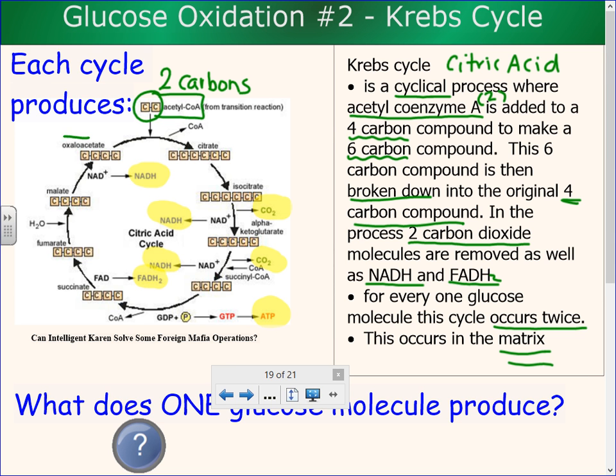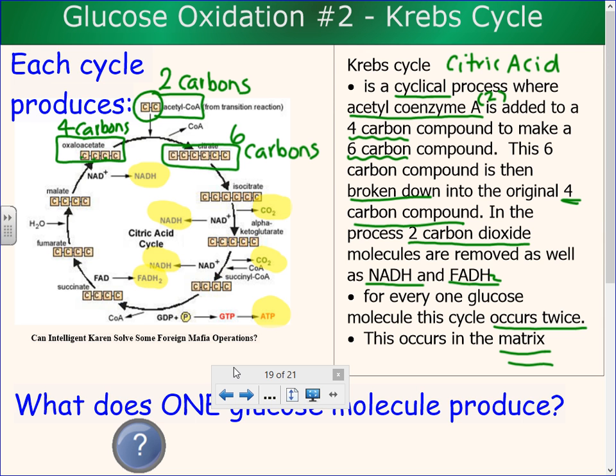This molecule over here, which is called oxaloacetate if you're interested, has 4 carbons. So you can see in the picture there are 1, 2, 3, 4 little boxes. The idea is that those 2 carbons and those 4 carbons make something that has 6 carbons.